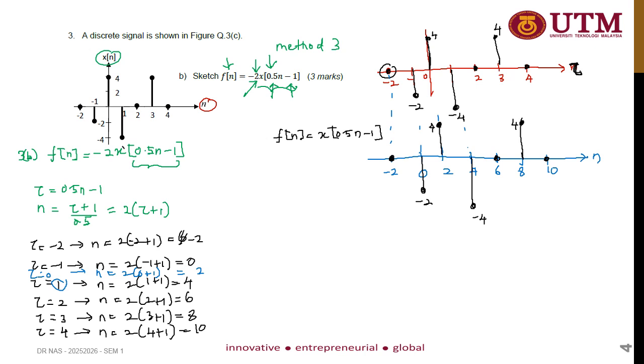You haven't done the amplitude part, the negative 2 part, right? So in order to get f(n) equals minus 2x(0.5n minus 1), you need to multiply the amplitude by minus 2. So all these amplitudes need to be multiplied by minus 2, meaning that the amplitude will be inverted and the magnitude scaled up by 2.